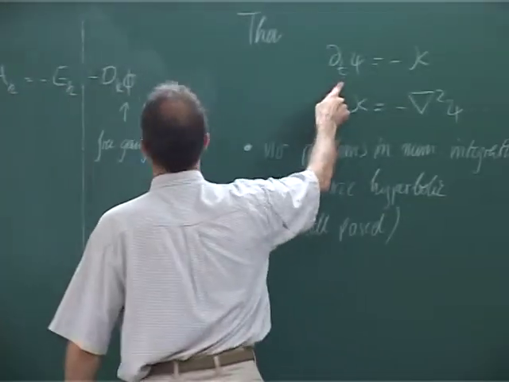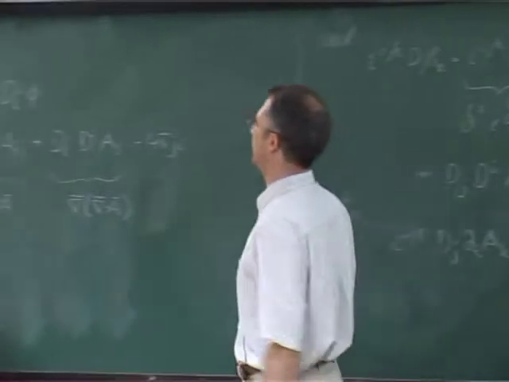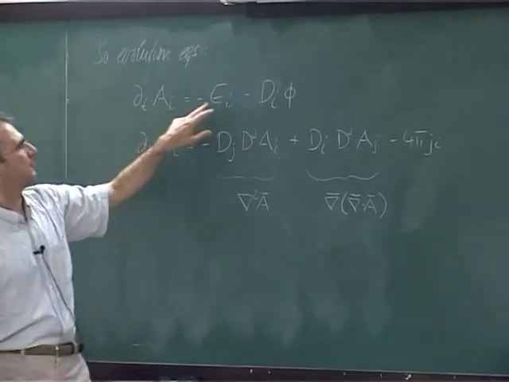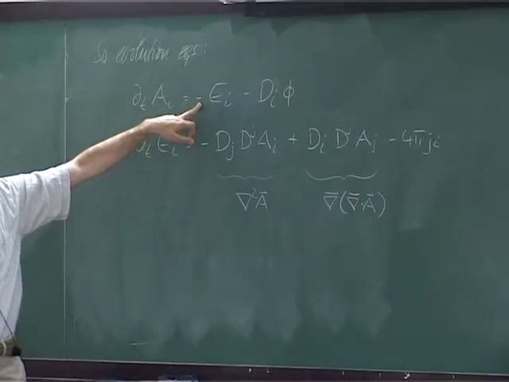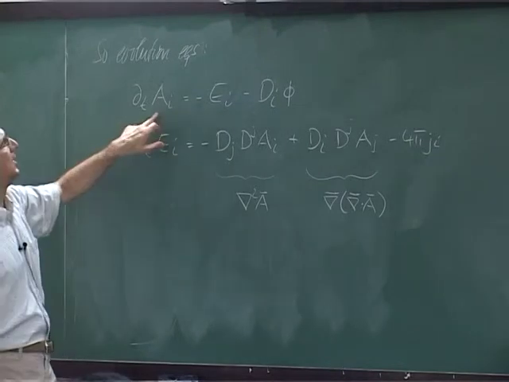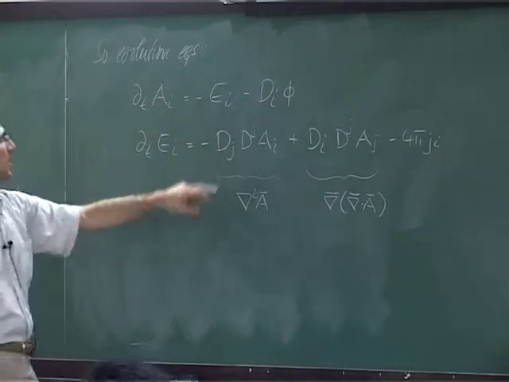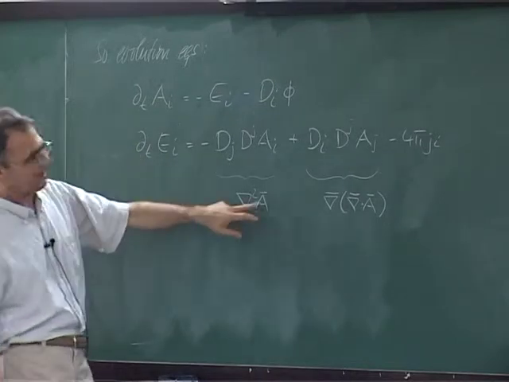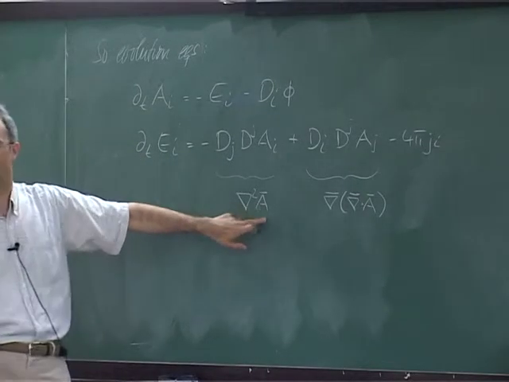You notice this is kind of the same thing. I have the partial time derivative of A_i equals minus, and that's why I chose the silly minus, so that we have directly this minus correspondence, the second variable. Then we take the time derivative of the second variable, and it gives me a Laplace operator of the first variable.